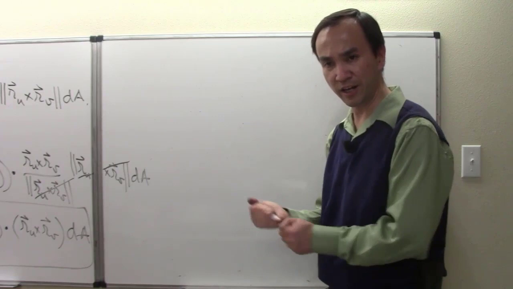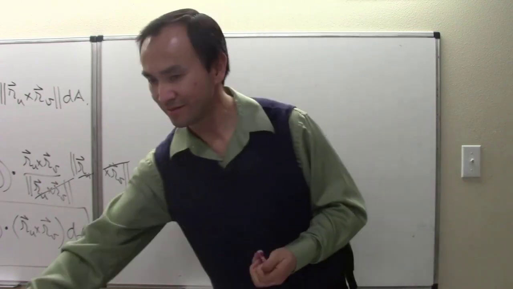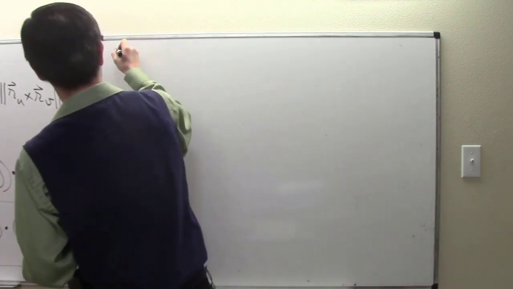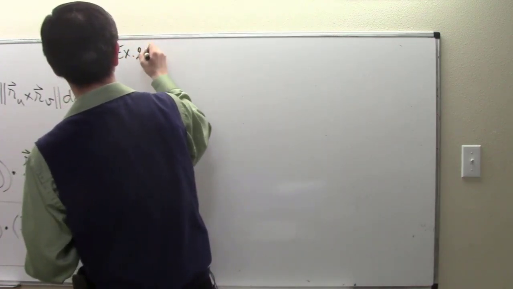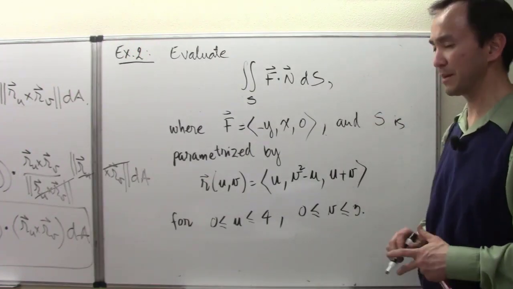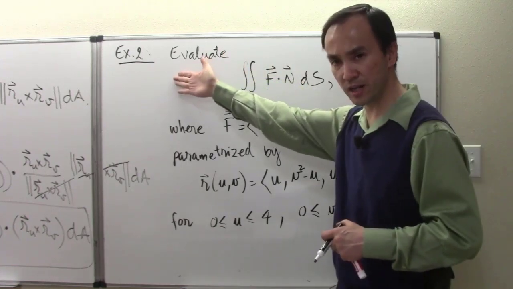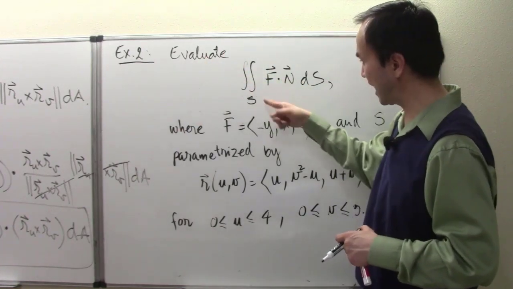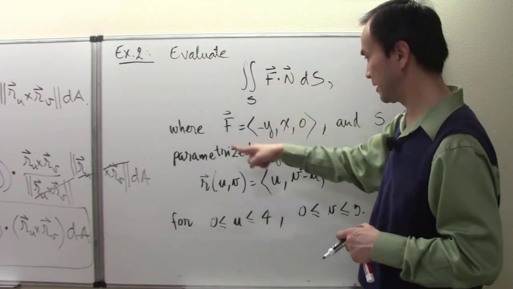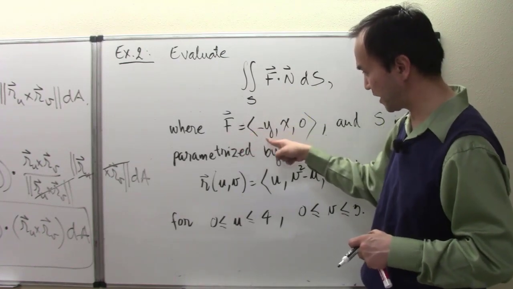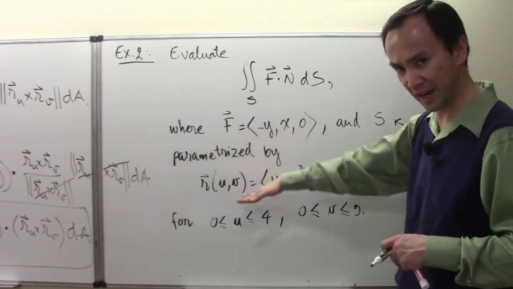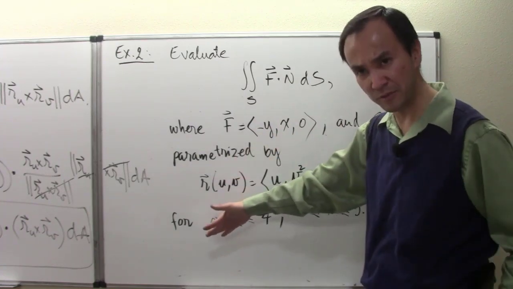So now we are ready for an example. This is example 2. We want to evaluate the surface integral of f dot n over the surface S, where f is a vector field defined by minus y comma x comma 0, and S is a surface that has a given parameterization.